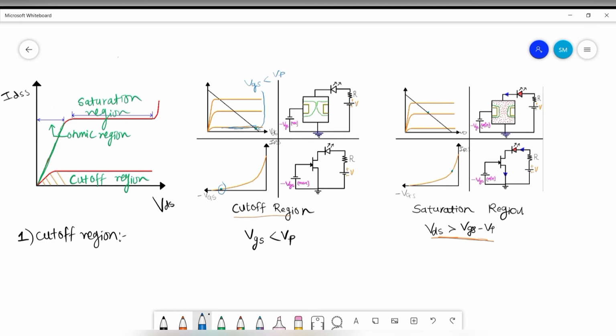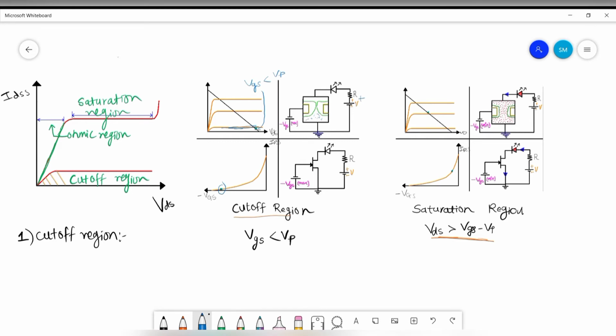Now in the cutoff region there are a number of electrons at the source terminal. As we all know, electrons are attracted towards the positive side. That means they will try to go towards the drain terminal, because we have kept the drain terminal at a higher potential.